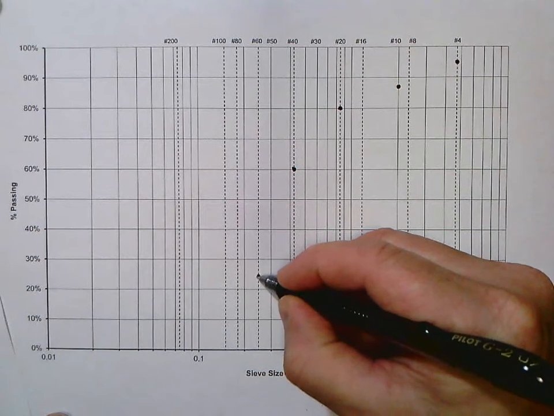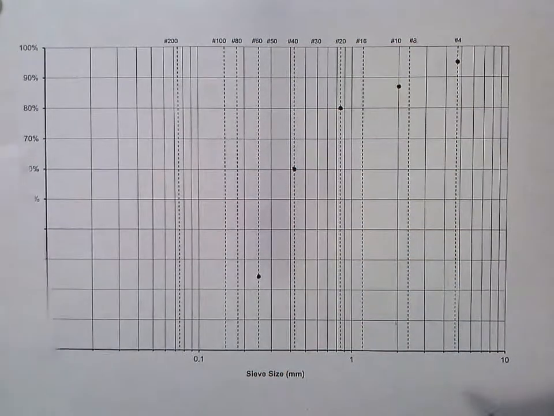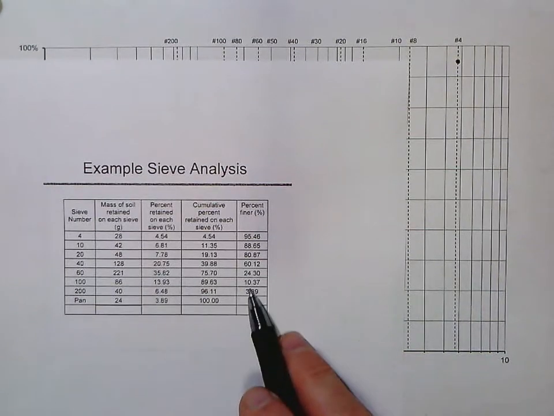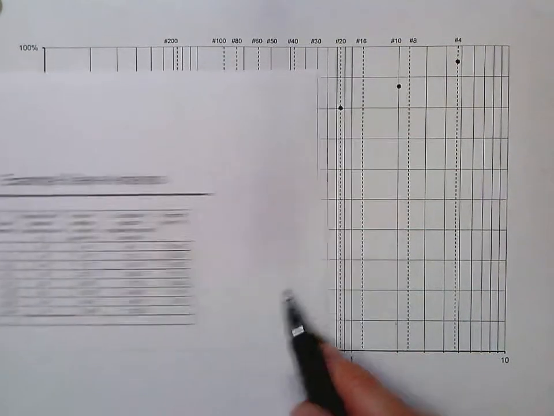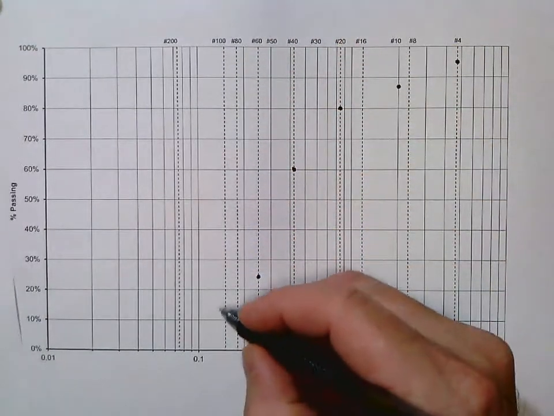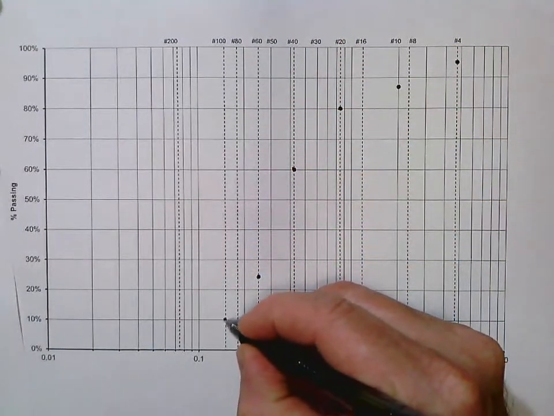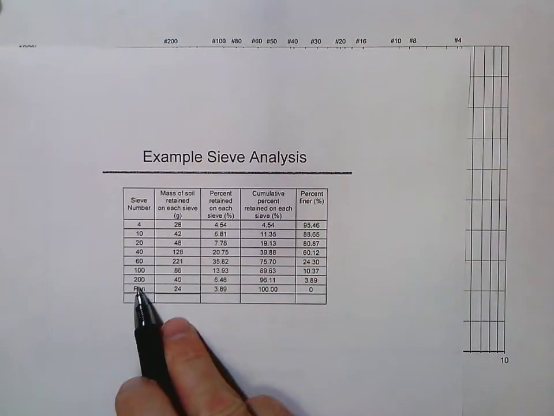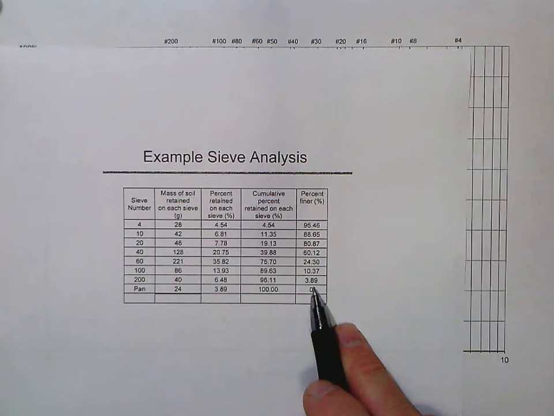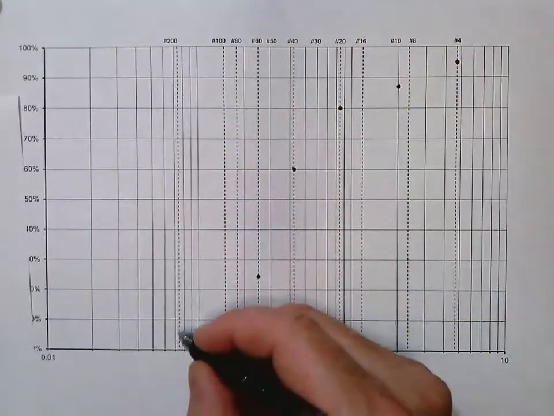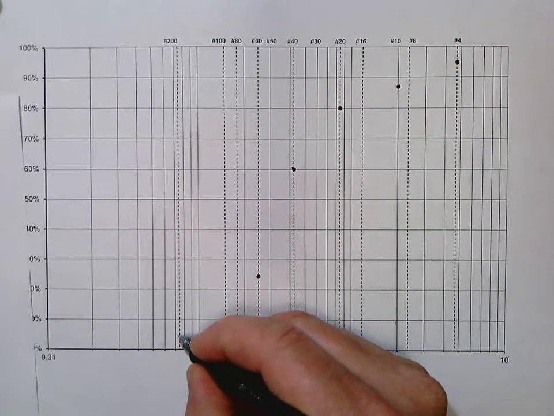So that's about 24% on the number 60 sieve. Then the 100 sieve is about 10%, a little more than 10%. So the 100, that's this dotted line, come down to about 10%. Then our last point is 200 at about 3%, almost 4%. So there's the 200, the dotted line, and about 4%, a little below halfway.